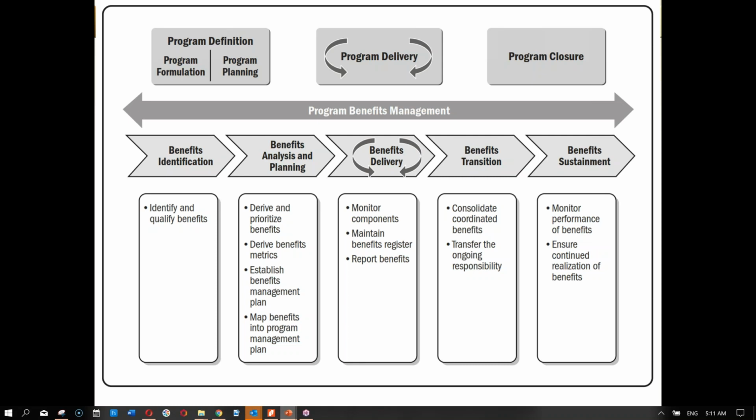What was the benefit expected to be delivered from project X, and is it fulfilling those requirements or not? That is the only point of view the program management must be looking at it.